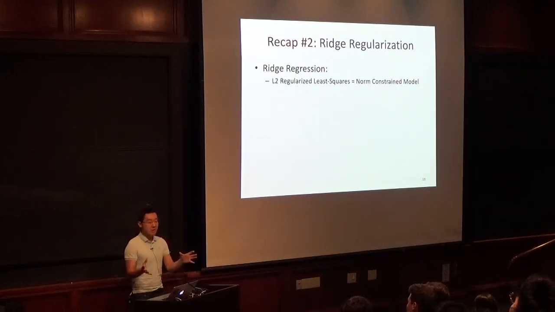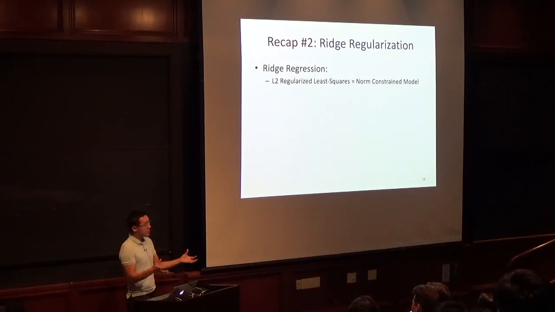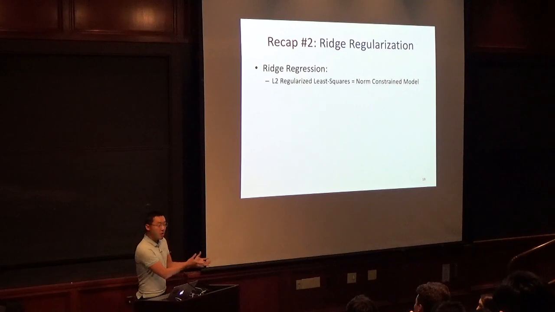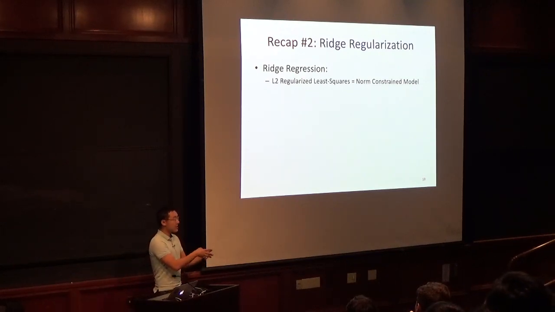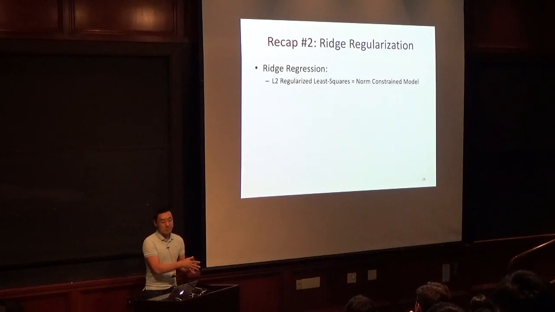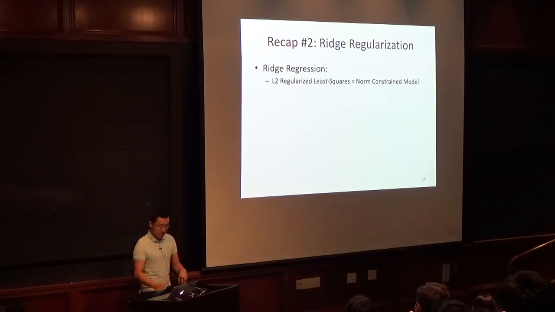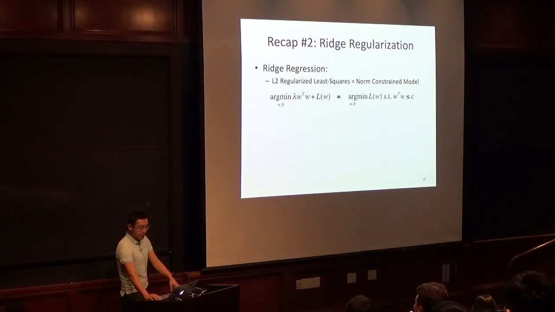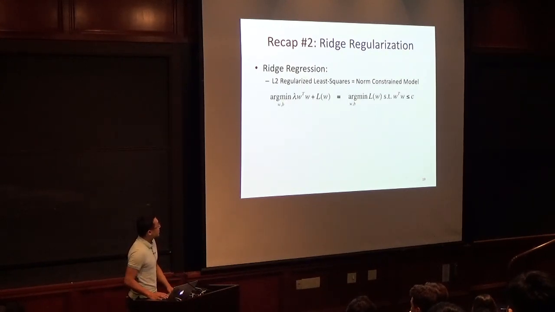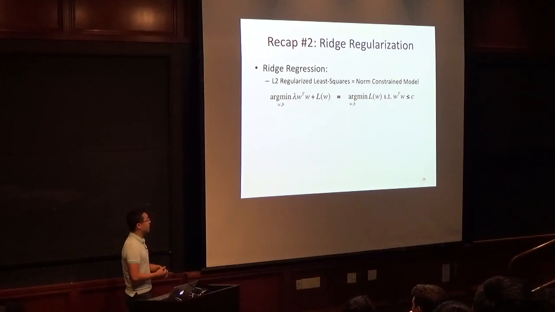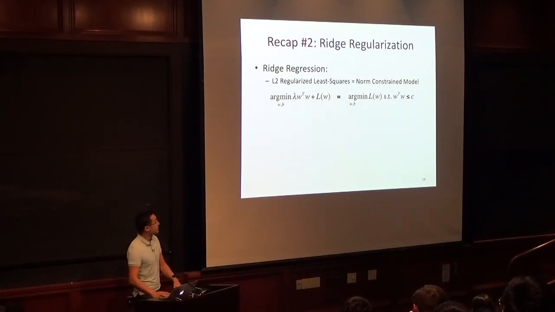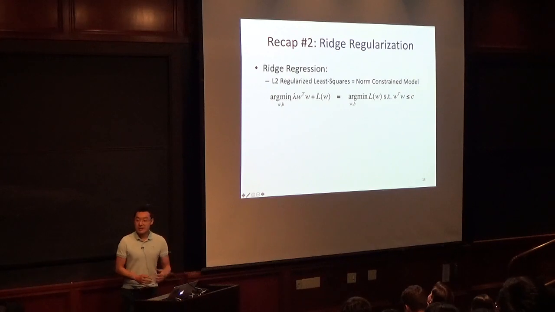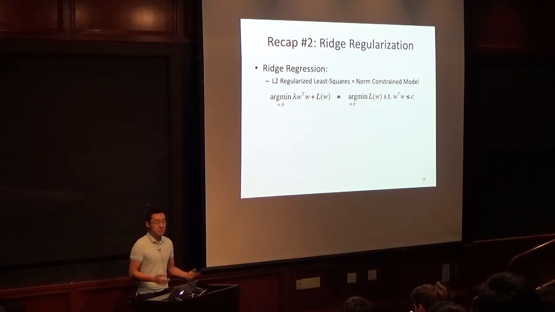Then we spent some time talking about a more standard notion of a model class, where we use linear models, but constrain the parameters to live inside some L2 ball of L2 norm at most C. Through the Lagrangian, we established that for non-degenerate choices of lambda and C, there's a bijection between the two, such that for every choice of C, the more conventional form of a model class, there exists a lambda that gives us the exact same solution to the two problems.